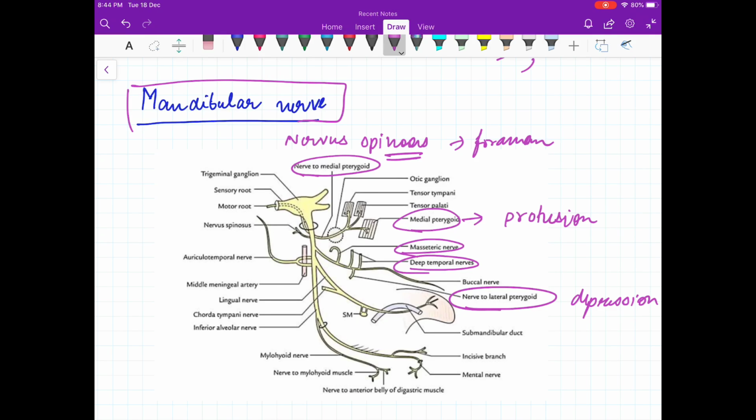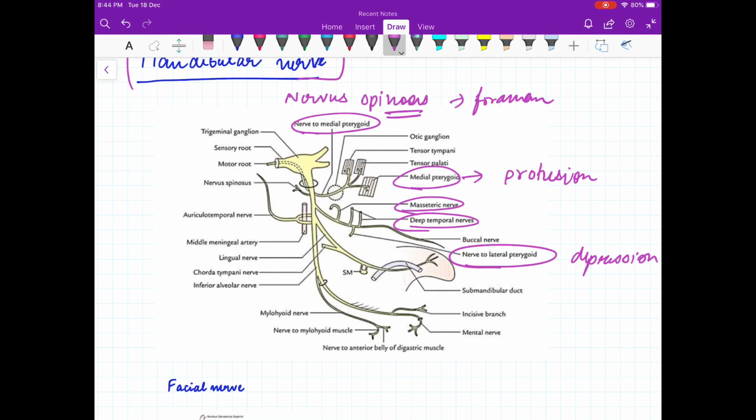Okay friends, so now we will discuss the branches coming from the posterior division. From the posterior division we get the auriculotemporal nerve, which supplies sensory supply of the scalp, and in the two heads of the auriculotemporal nerve lies the otic ganglion, which supplies the parotid gland.